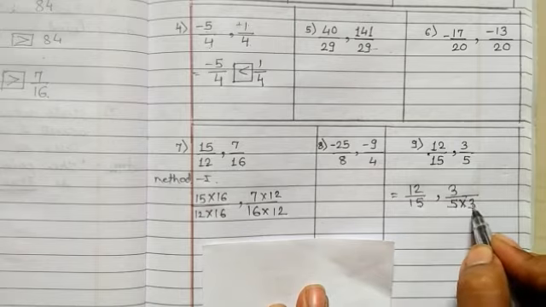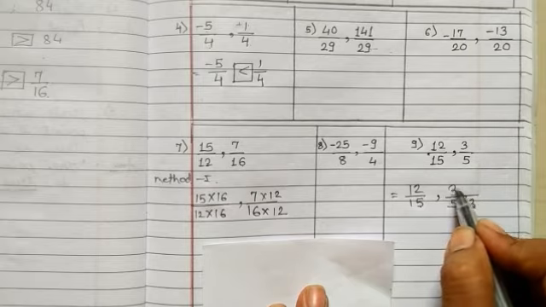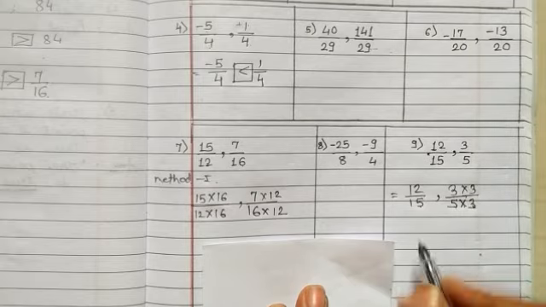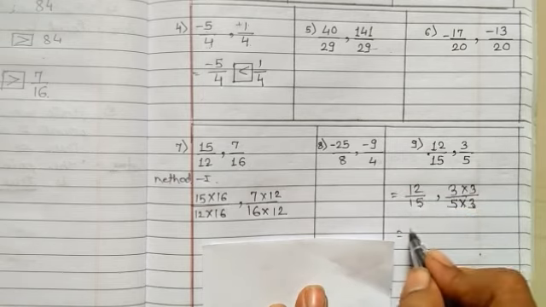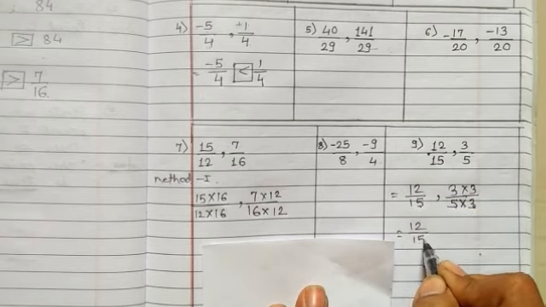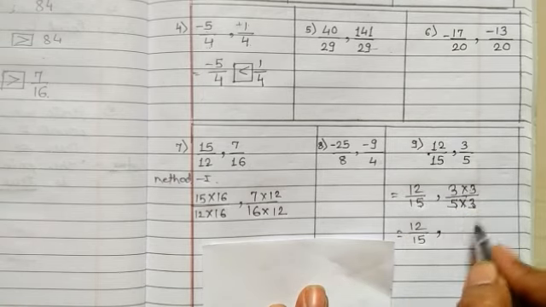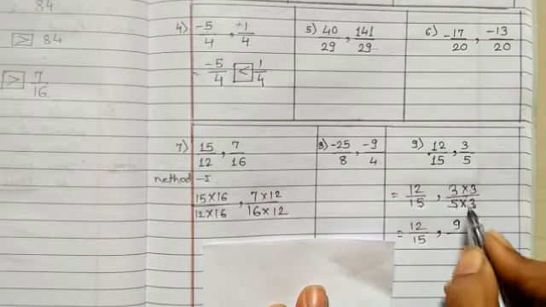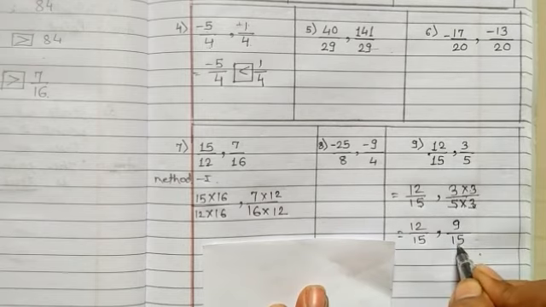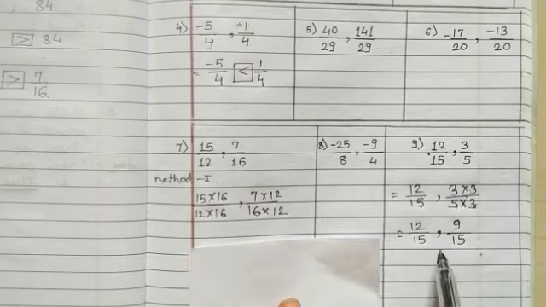So if we multiply the 5 with 3, then the same number we have to use to multiply the first one, it means 3 multiplied with the 3 only. Now just copy the first one, 12 upon 15, comma, 3 threes are 9 and 5 threes are 15. Now we get both denominators equal.